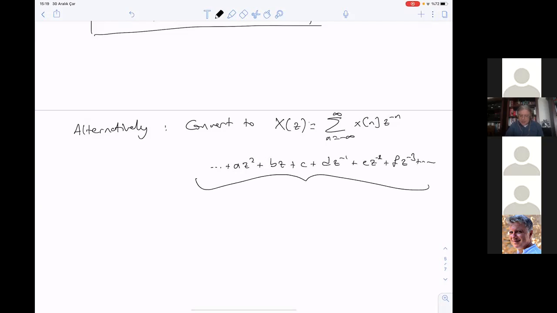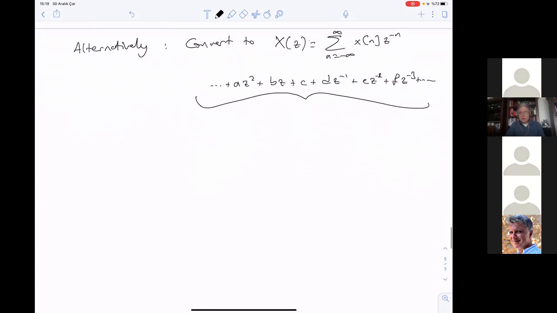And this can be readily converted to a time signal, like over the axis of n. Here the value is c at 0. At minus 1, the value is b. At minus 2, the value is a, and it goes on like that.